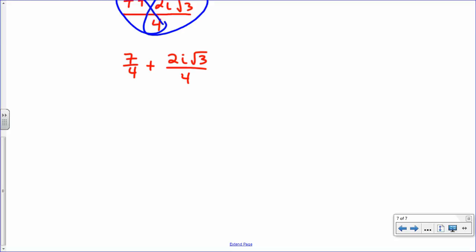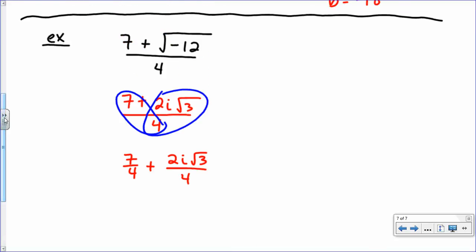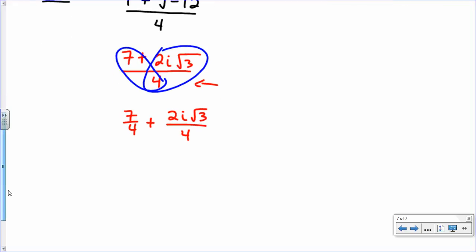You can't do it on the 7 over 4, because if you cancel, then it would say 7 over 2, and that's not correct. So if you can't factor it out, you can't cancel until you separate. So now this becomes 7 over 4 plus i square root of 3 over 2.